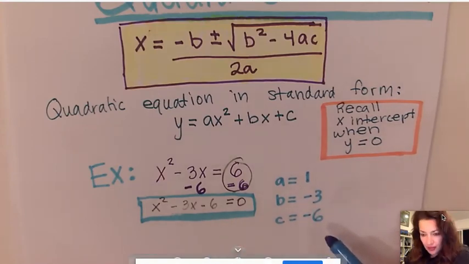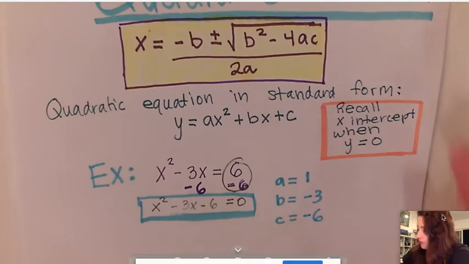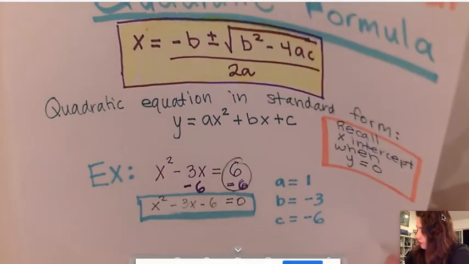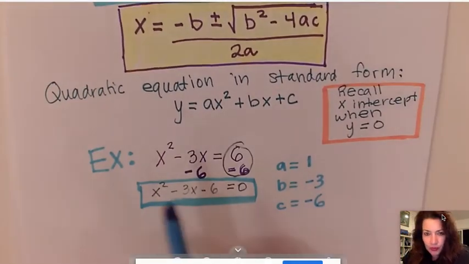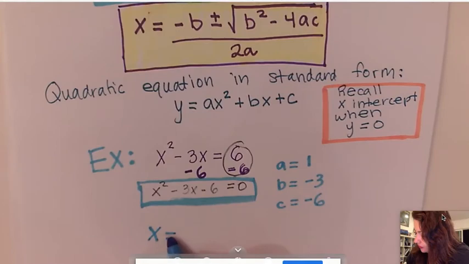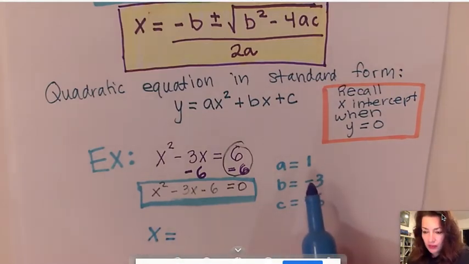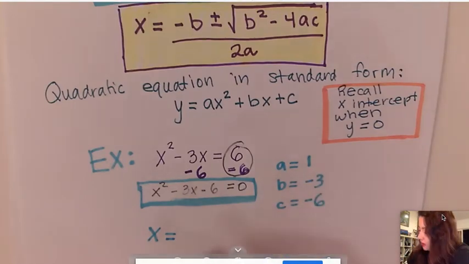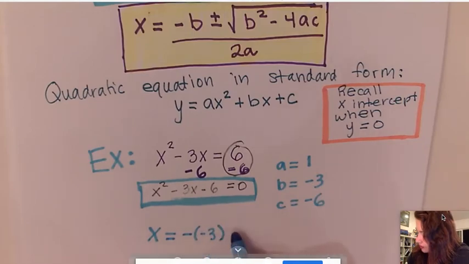Once we have identified the three numbers, we're going to plug them into our formula. So we're going to say x equals negative b. Well, our b is already negative. So if you have a negative negative, that would be positive. So we have 3. I will just substitute everything into the equation right now.